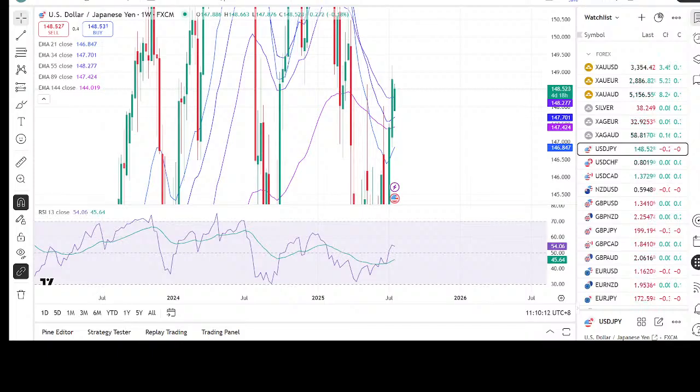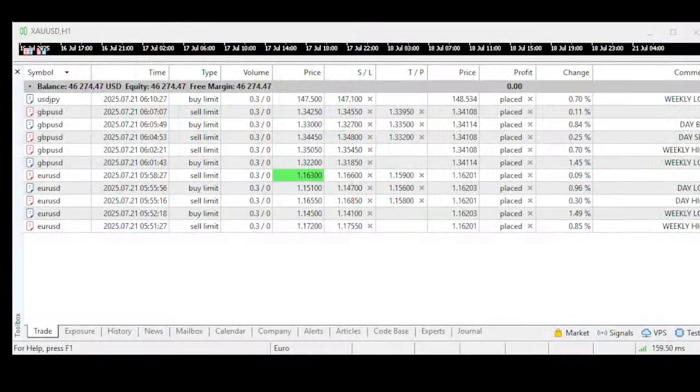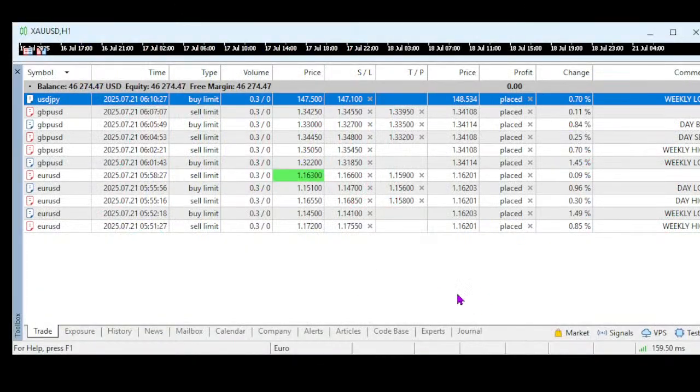Weekly low we are looking at 147.50, and stop will put as 147.10. Okay, so this is a weekly low buy order.